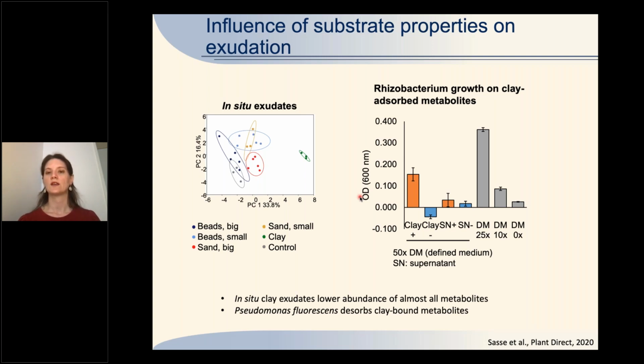Some of the exudates are probably directly used by microbes that are associated with roots, but others might first be bound to surfaces such as clay and then later be desorbed by other types of microbes.